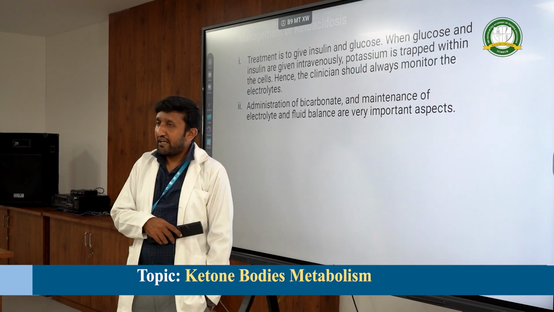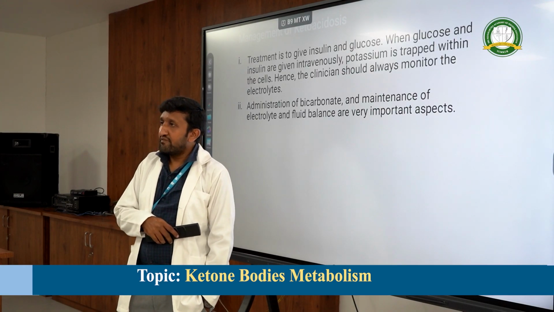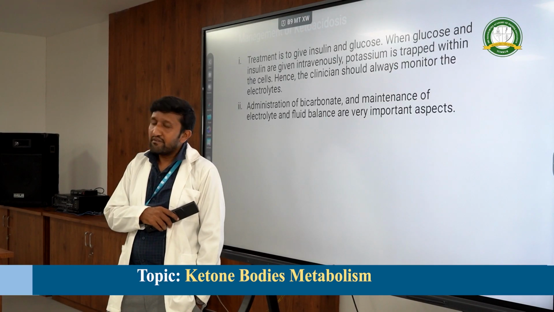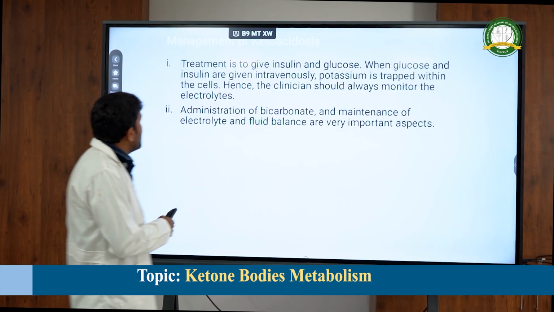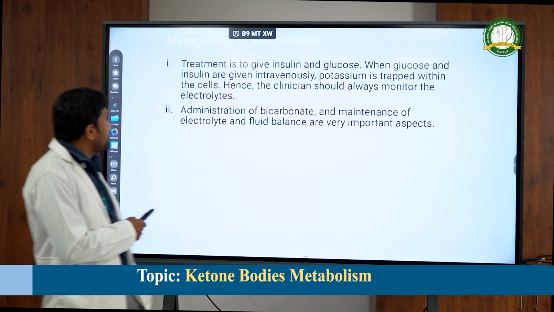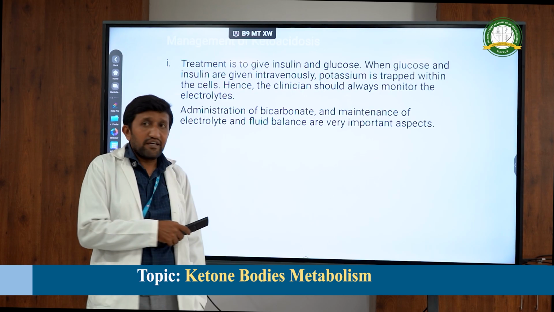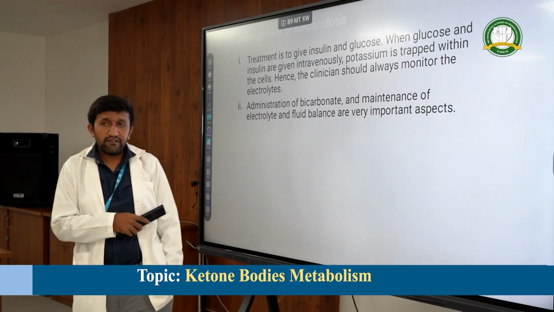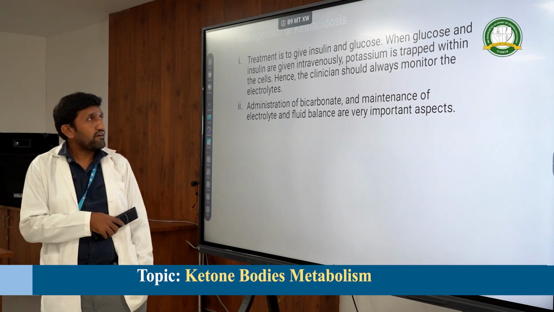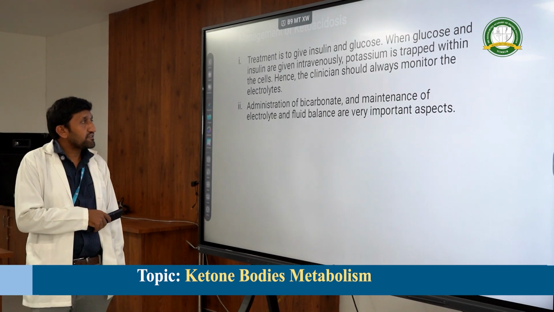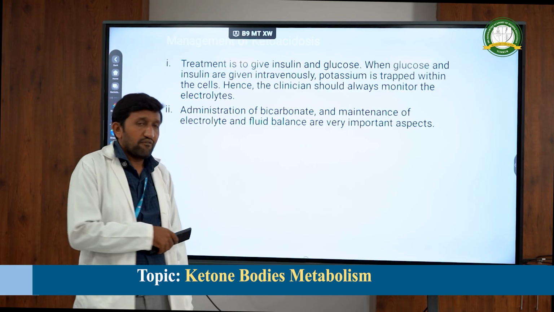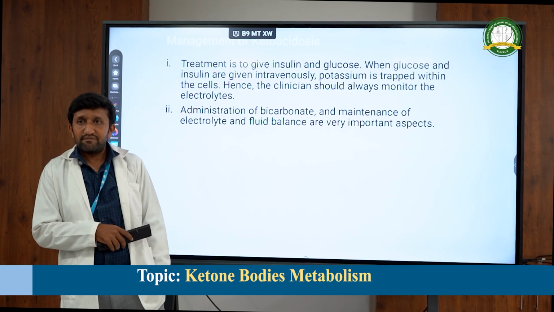During diabetes and starvation, ketosis will increase. For management of ketosis, treatment has to be given with insulin and glucose. When glucose and insulin are given intravenously, administration of bicarbonate and maintenance of electrolyte and fluid balance are very important aspects.